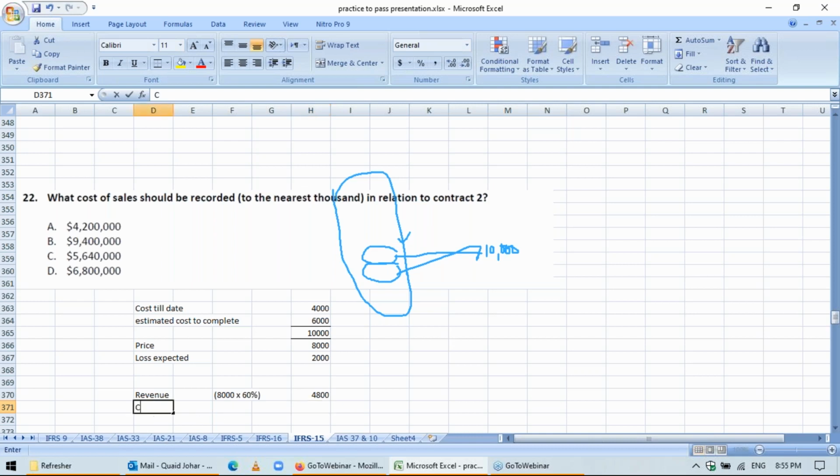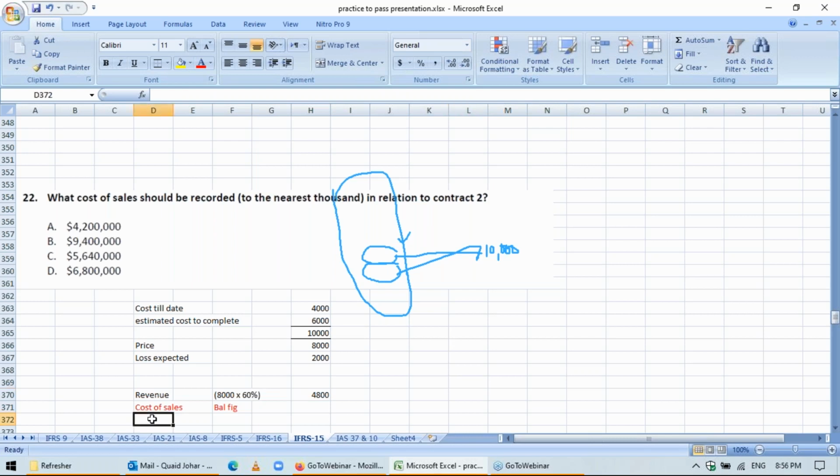And what about the cost of goods sold? In case of loss, the cost of sales will always be a balancing figure, right? This will be the balancing figure, the cost of sales, which they have asked for in this question.